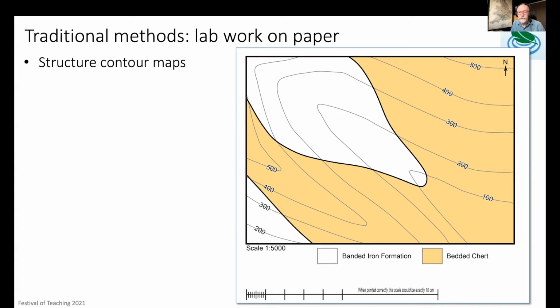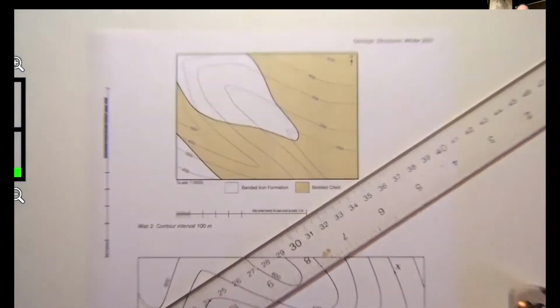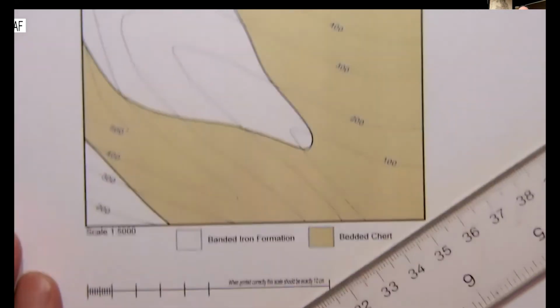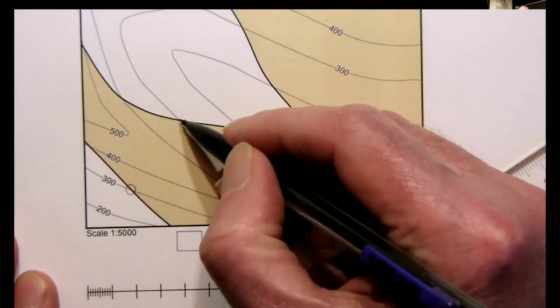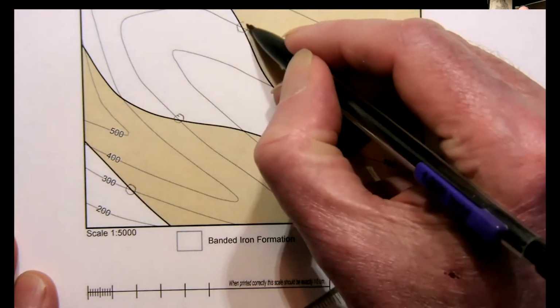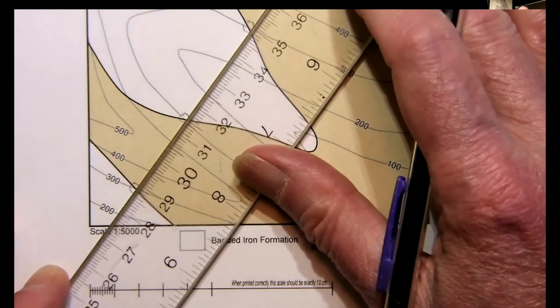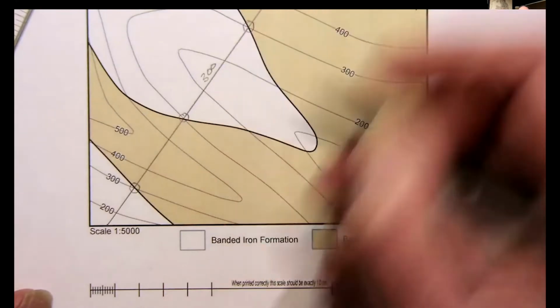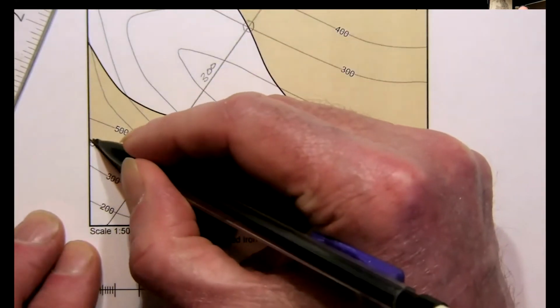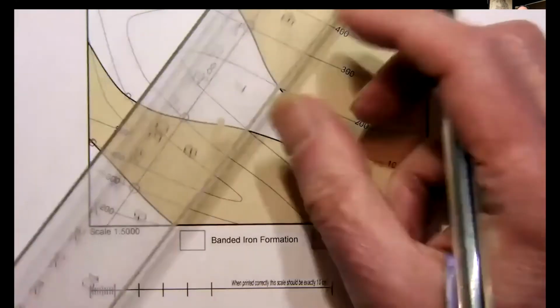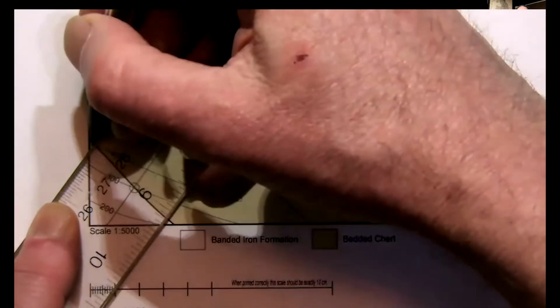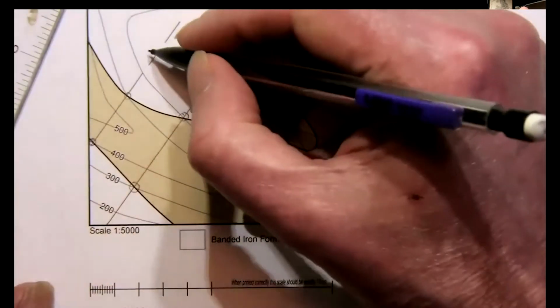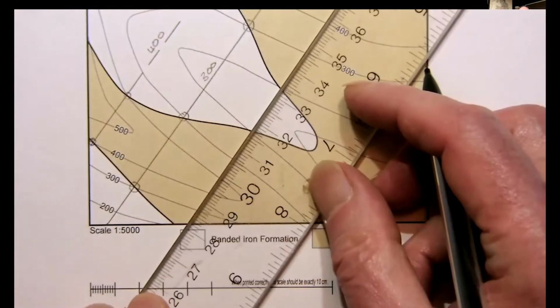And the first of those is to make what are called structure contour maps. And I can show you on the visual presenter how we go about doing that. So effectively, we draw lines through points on the geological surfaces that have a constant elevation. And by doing that, we can get an idea of how those surfaces are positioned and how they are oriented.